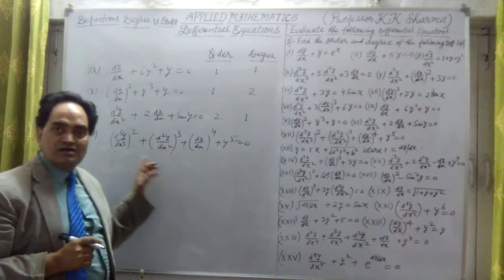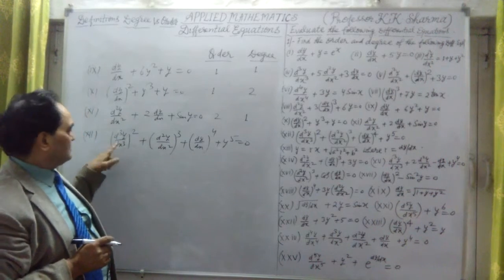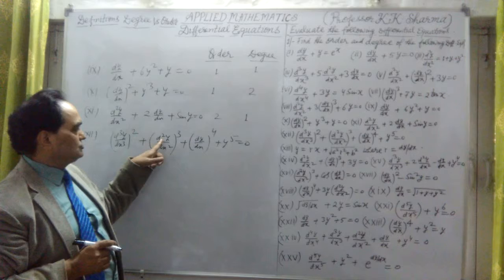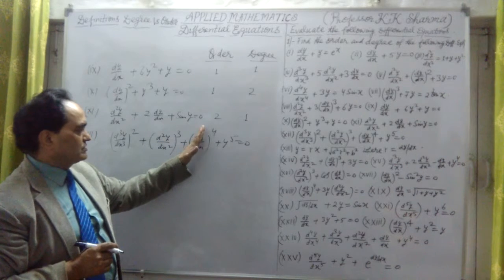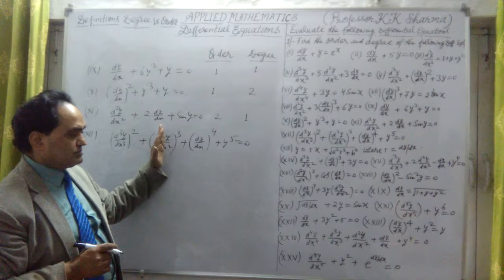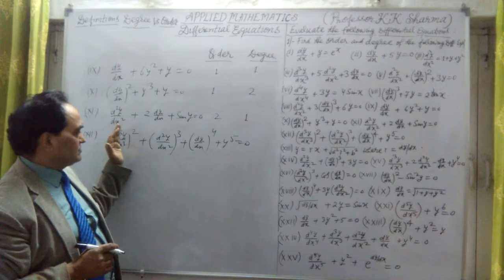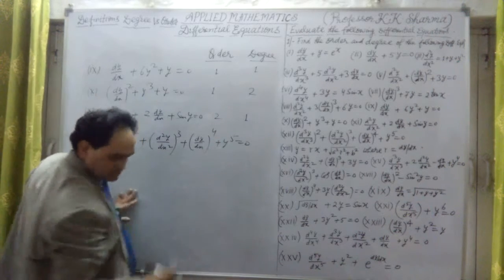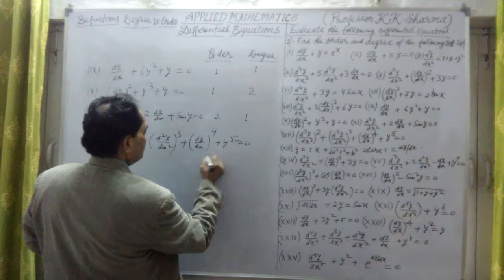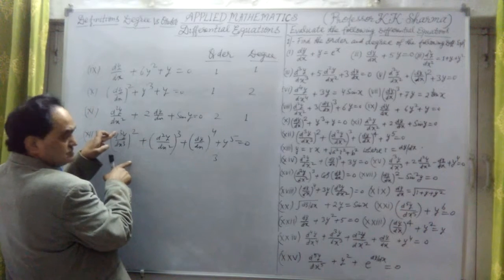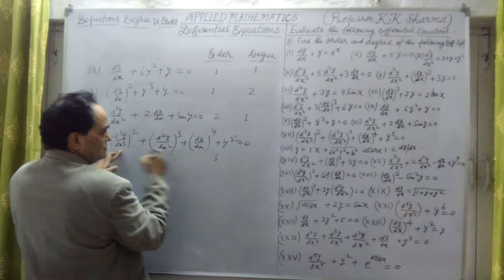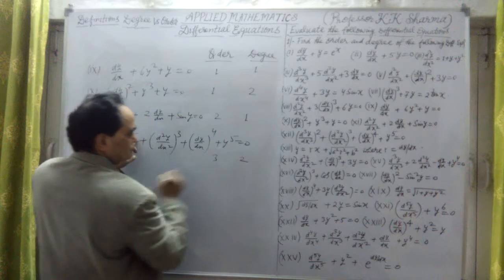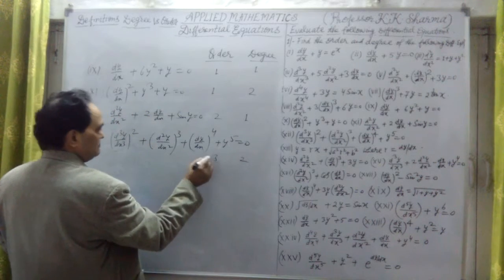The highest order derivative term is the third order derivative, d cube q by dx cube. This is the third order derivative, so order is 3. And the power of this d cube q by dx cube is 2. Degree is 2. So order 3, degree 2.